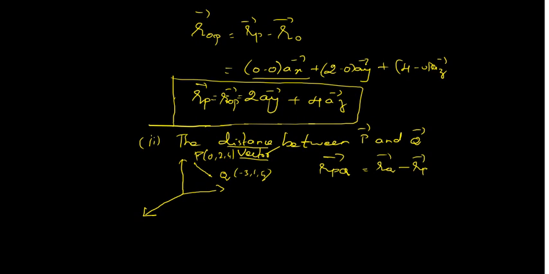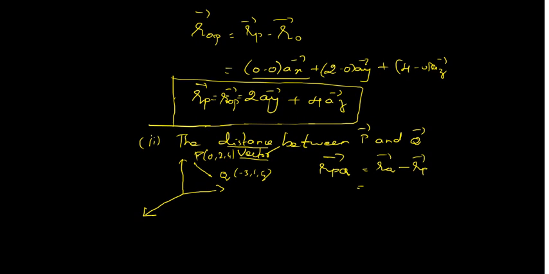So what is Rq, Rp? These things you know already. So Rq and Rp are also called ROQ and ROP, because origin is 0.